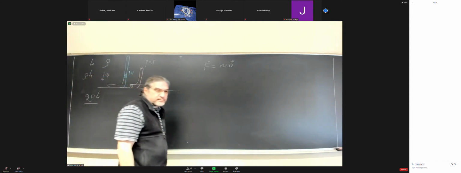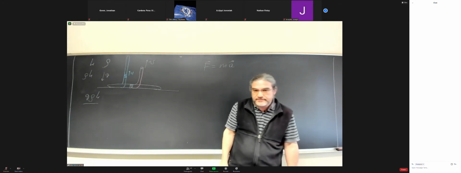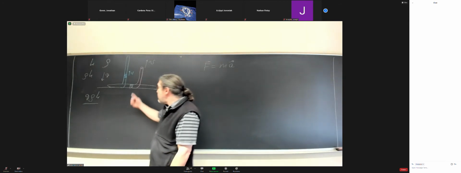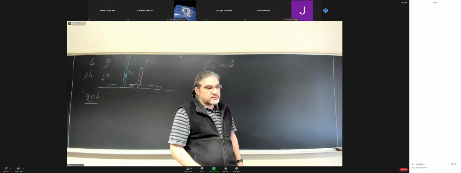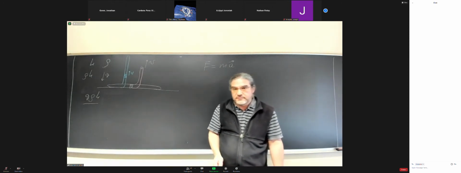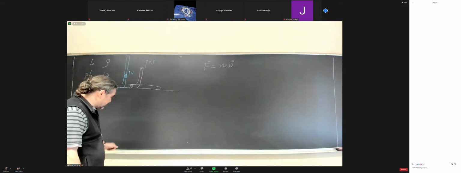Does that make sense? So it means that at some point of time, that piece actually did accelerate. But in order for that piece to accelerate, there must be some force applied which acts upon it. And the only way to supply that force is from the tail. Does that make sense?